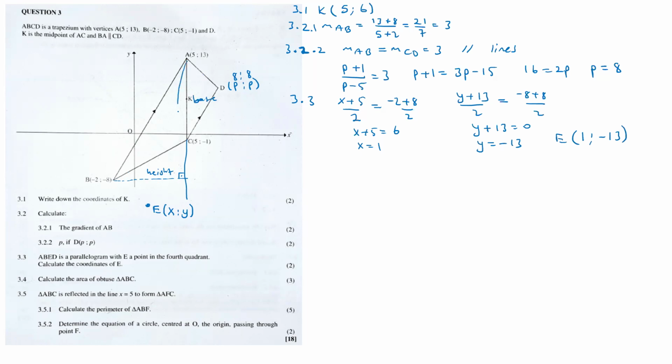So the length of the base would be 13 plus 1, which is 14 units, and the perpendicular height would be -2 plus 5, which is 7 units. So the area of triangle ABC will be equal to 1 over 2 times 7 times 14, which is equal to 49 units squared.